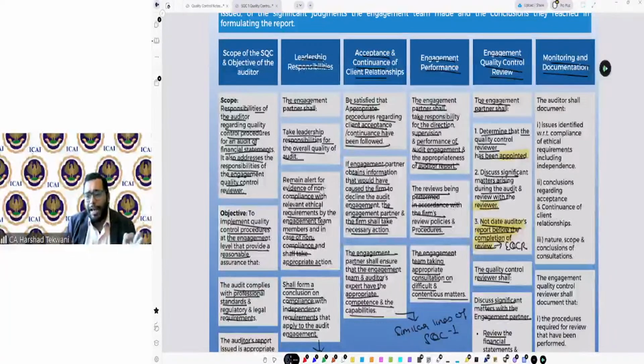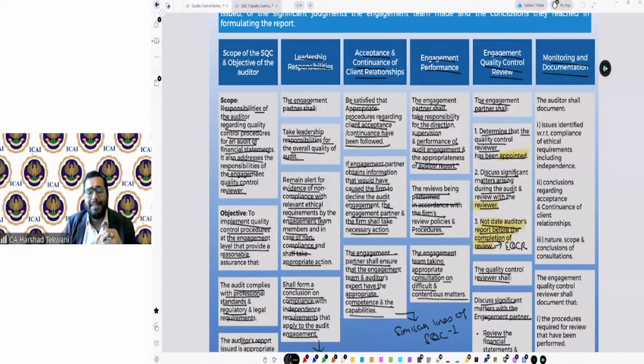If I have not identified any deficiency, then I can say the policies, procedures, and the system of quality control designed within the firm are appropriately working and operating effectively.